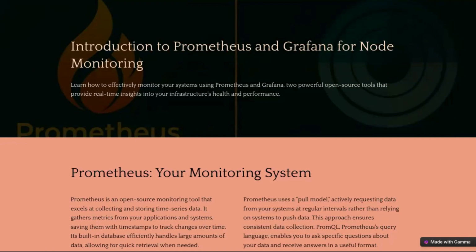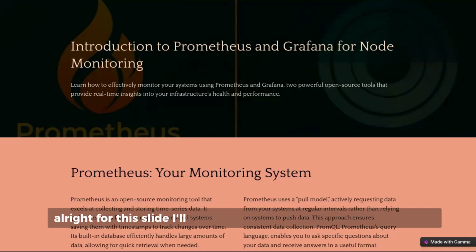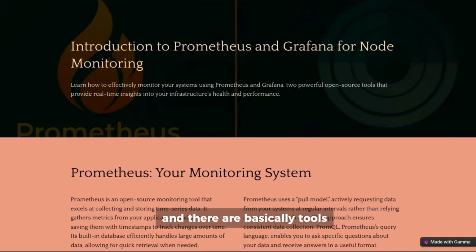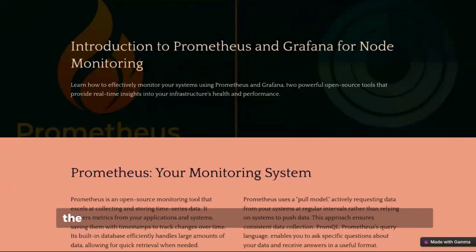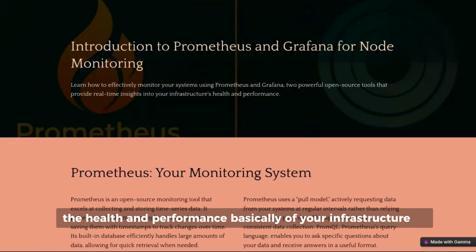So basically, for this slide, I'll be talking about Prometheus and Grafana, and they are basically tools, more like a dual tool that help you to set up monitoring that you can add to your node, so you can monitor the health and performance of your infrastructure.